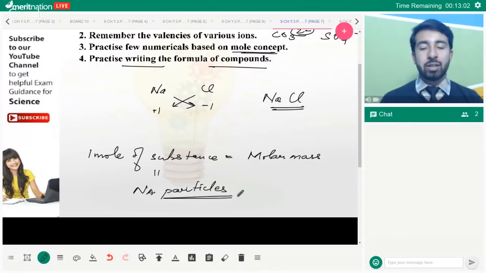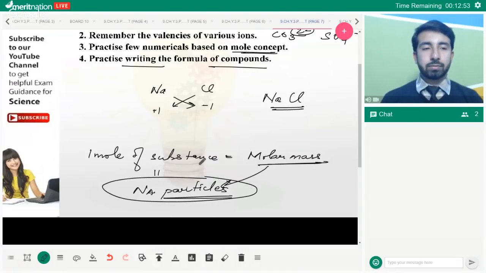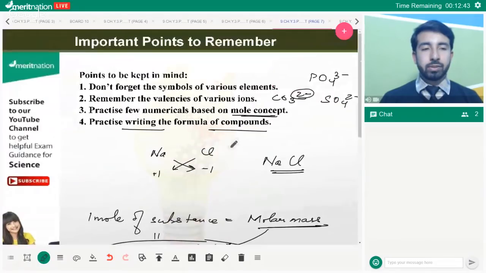This is the basic relationship between the three, which means the molar mass of a particular substance contains Na particles. So this is the relationship between molar mass and the Avogadro number. No, Na is positively charged. It is a metal, it releases an electron.